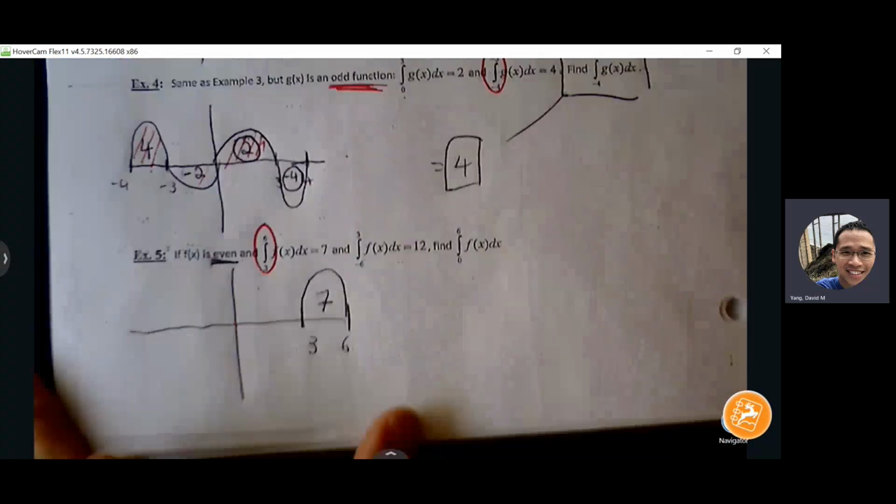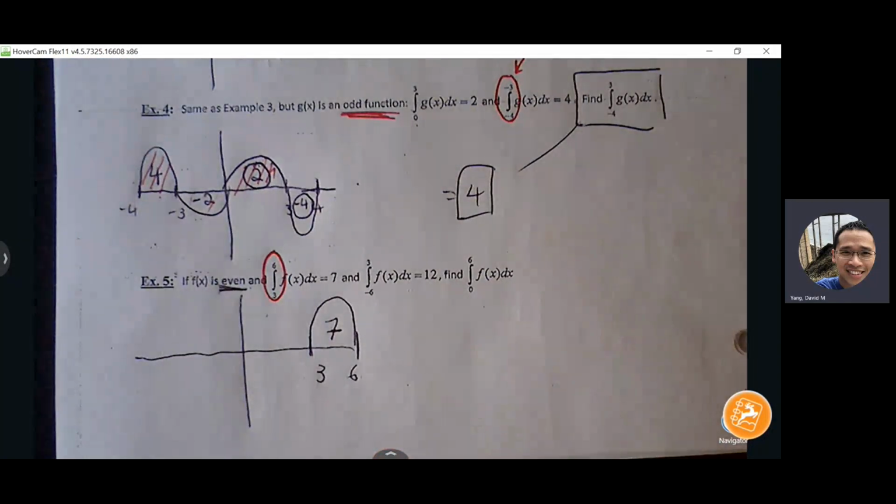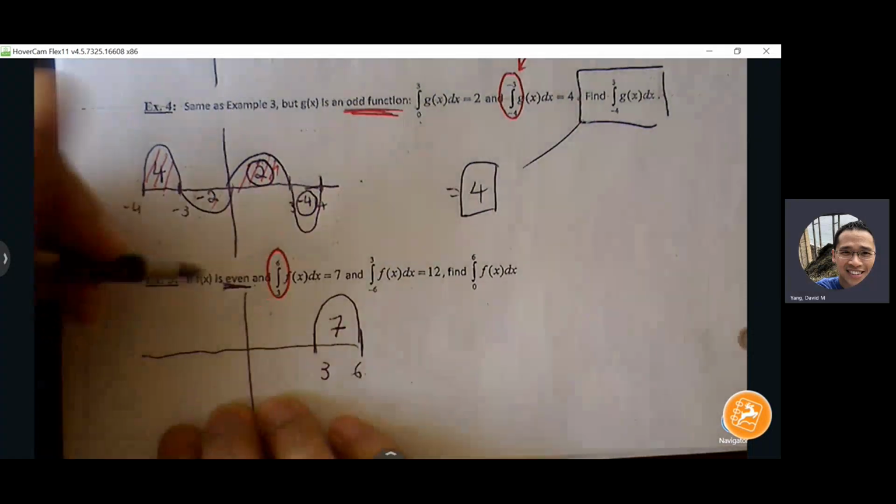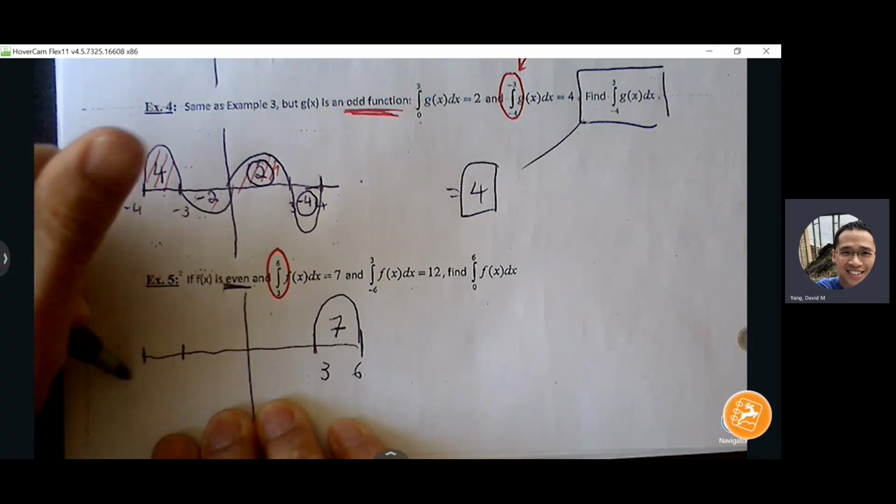All right, let's build out the other side before we explore the second property. What can I put on the other side? From -6 to -3, even, so I also want it to be above.